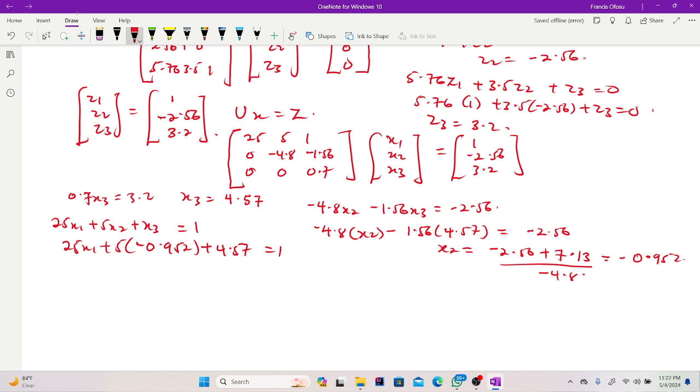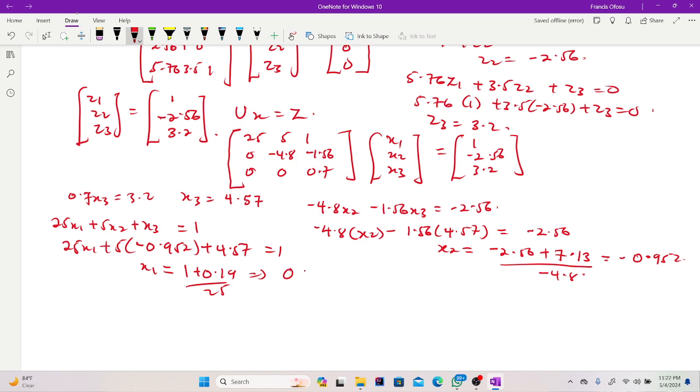So actually I'll have x1 rather to be equal to, so if I have 5 times negative 0.952, I'm getting this plus 4.57, negative 0.19. So I'm having 1 here plus 0.19 over 25. What am I getting? I'm getting 1.19 over 25.